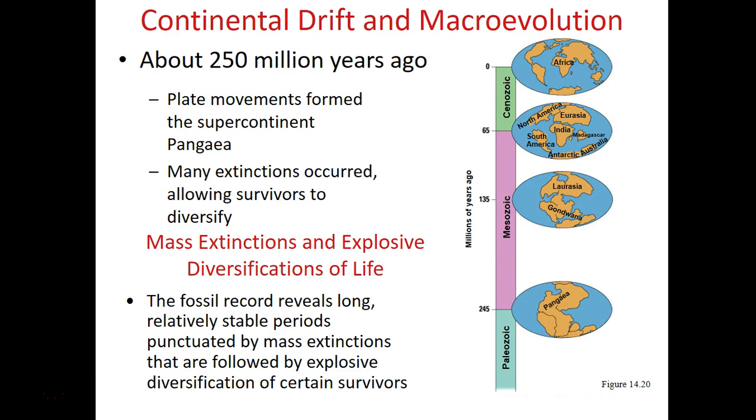So, for example, about 250 million years ago, we had a supercontinent called Pangaea, and there were many extinctions that occurred, and these mass extinctions resulted in a reduction in life forms, and then nature abhors a vacuum, and so what happens is the surviving life forms end up diversifying, and you get multiple instances of adaptation.